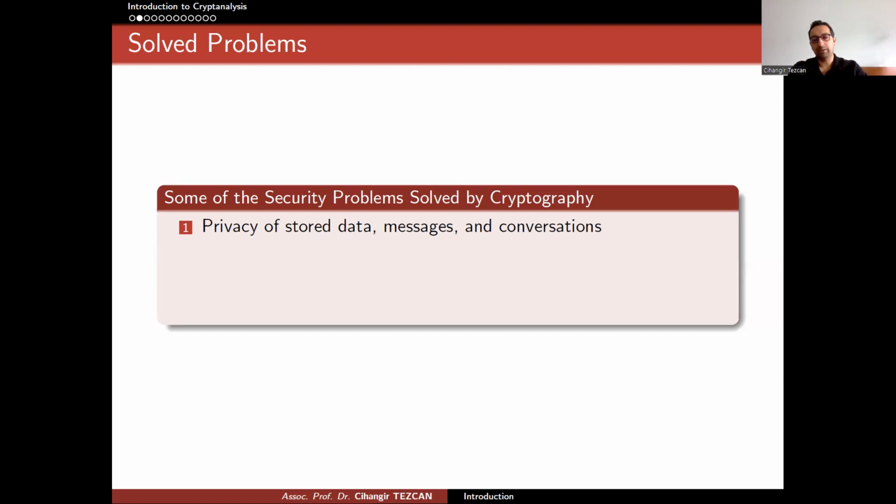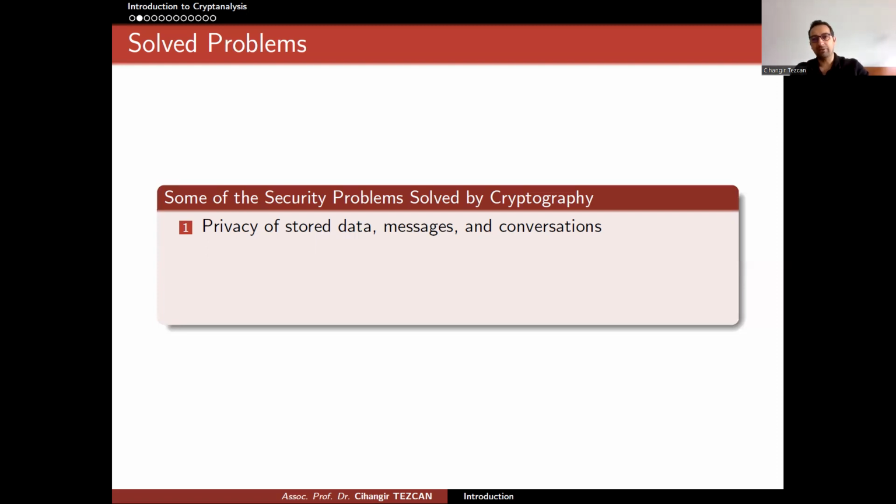So the service provider should be able to see the data and do computations on it. But thanks to homomorphic encryption, we can avoid this problem. We can keep the data encrypted and tell the cloud service provider to perform operations on it. And in the end, when they have done those operations on the encrypted data, the result will be as we wanted.